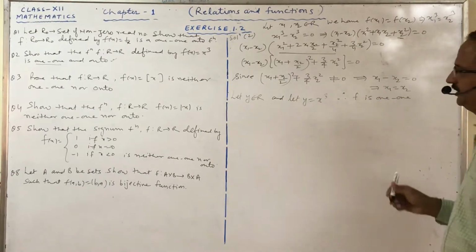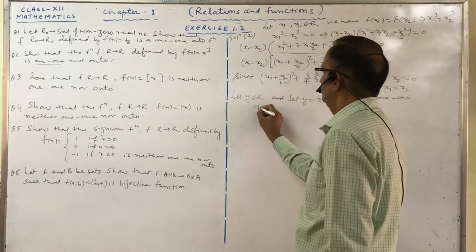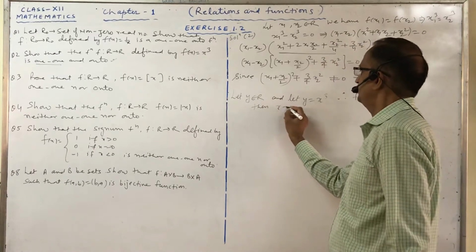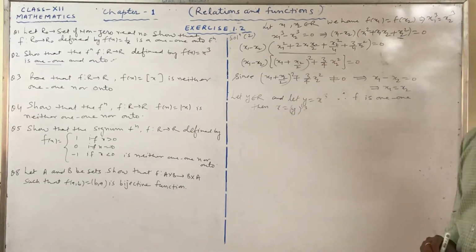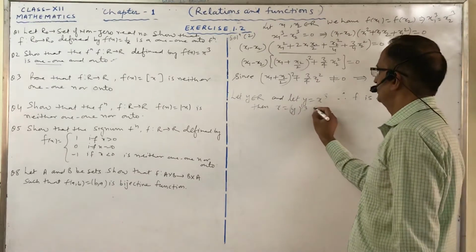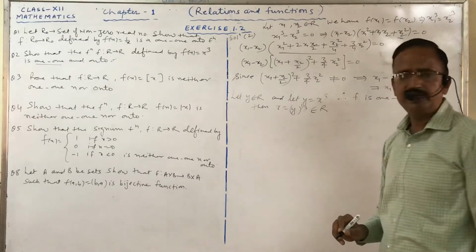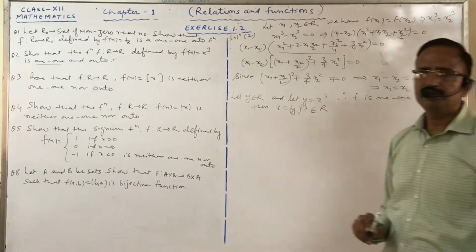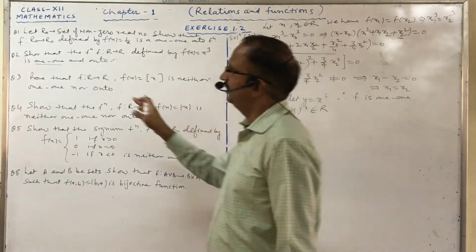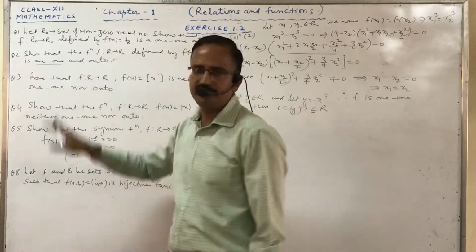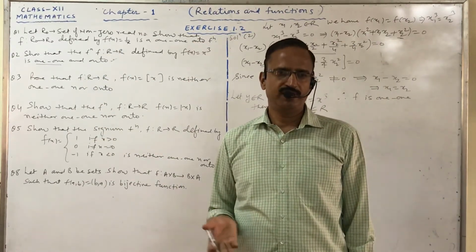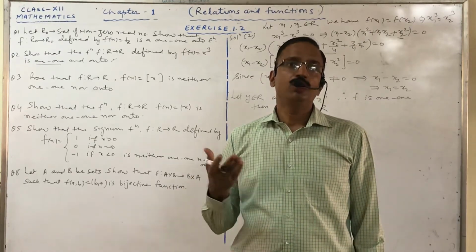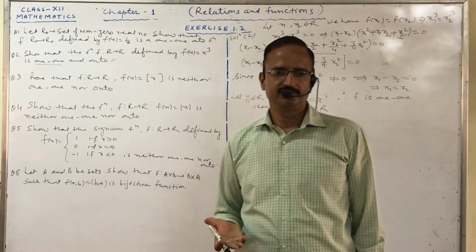When we simplify this, then we can write x equal to y raised to power 1 by 3. Okay, and this belongs to what? R. This is a real number. It means we can say that every real number in the codomain has its pre-image in the domain, means R. So we can say that f is onto function.